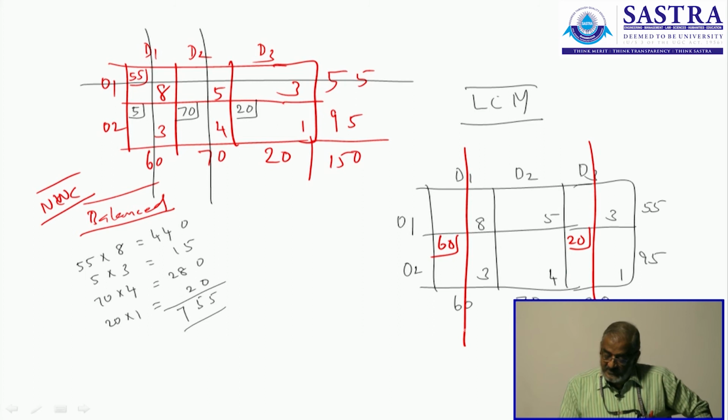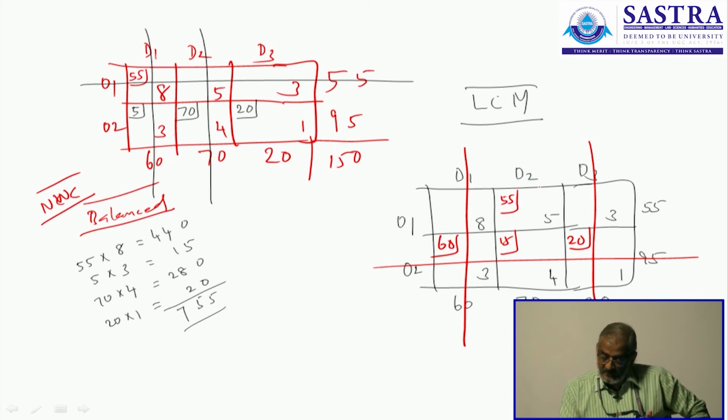Then next least cost is 4, where the demand is 70 but supply is 95 minus 80, which is 15 units only, so 15 units can be supplied, and the supply is over, 75 plus 20, 95. Now further demand is 70 minus 15, which is 55, so all the 55 can be supplied, so 55 plus 15 is 70.